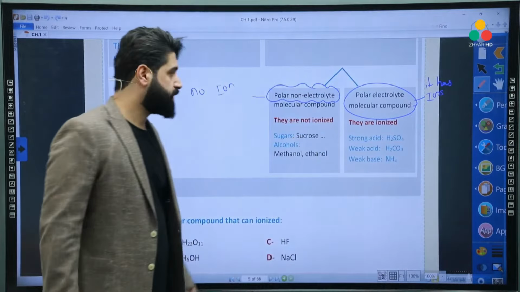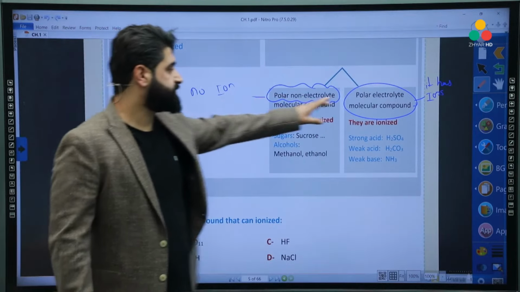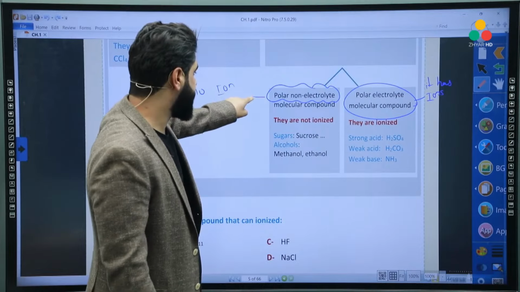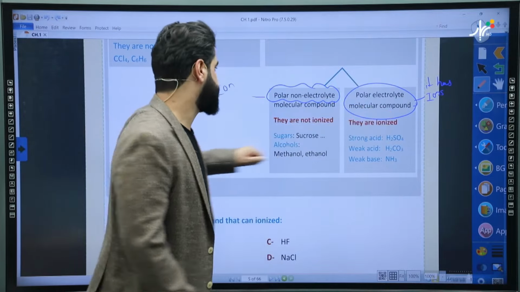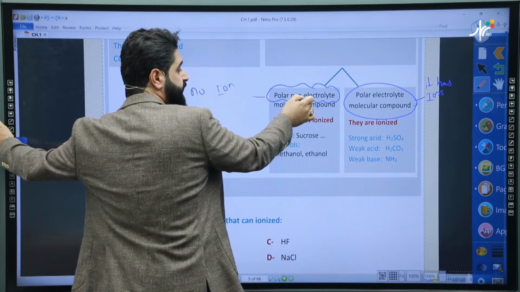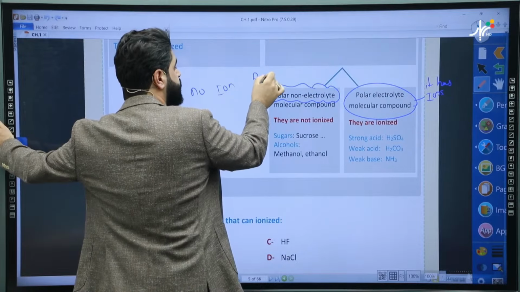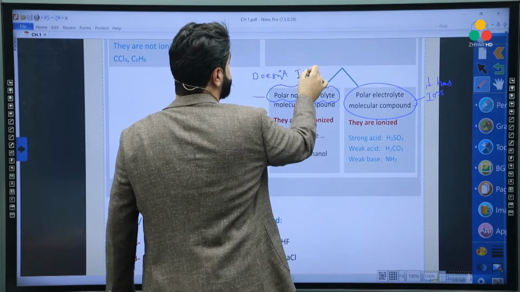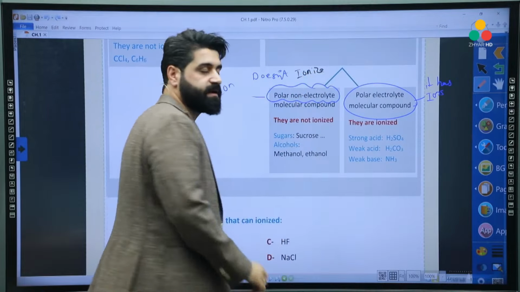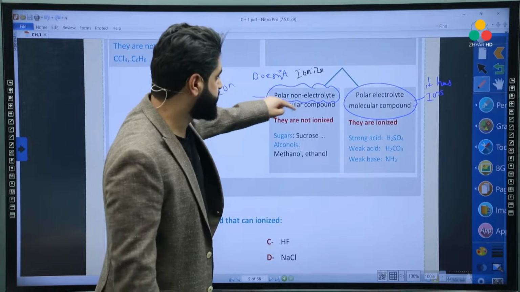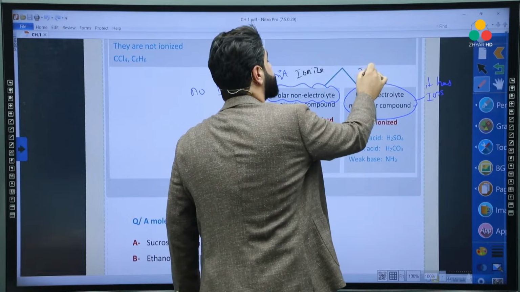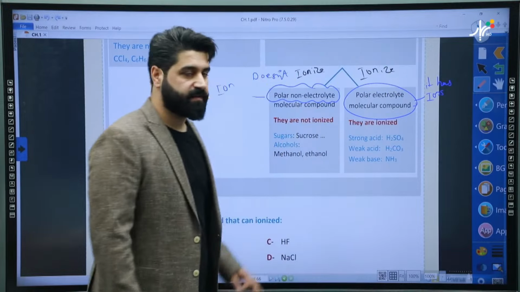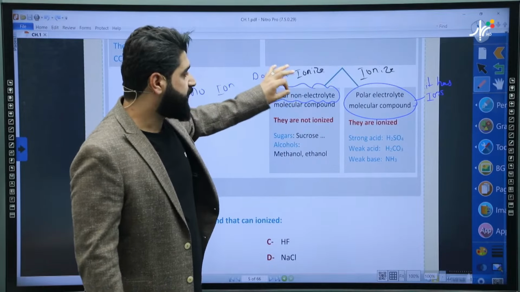Here we have no ions, but here, yes, it has ions. That means this one cannot produce ions, but this one can. So this one does not ionize, but here, yes, it ionizes in water.